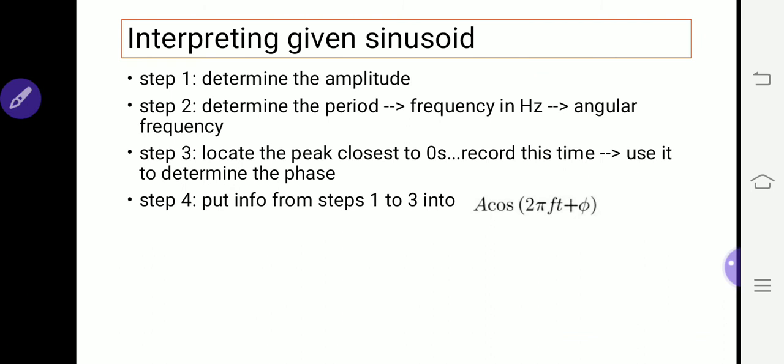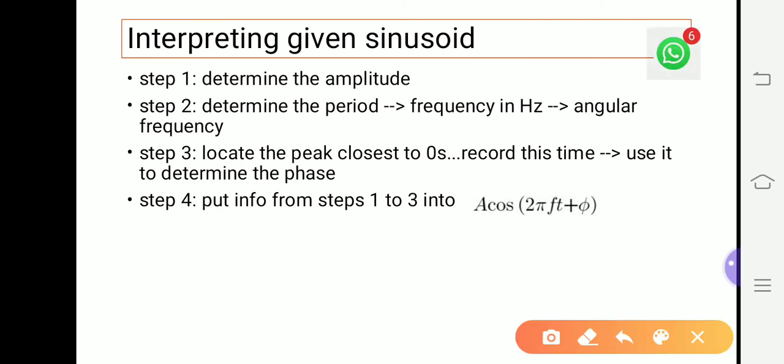So next we try to find the phase. How do we do this? First we locate the peak closest to 0 seconds. Sometimes this can be a positive value, sometimes a negative.